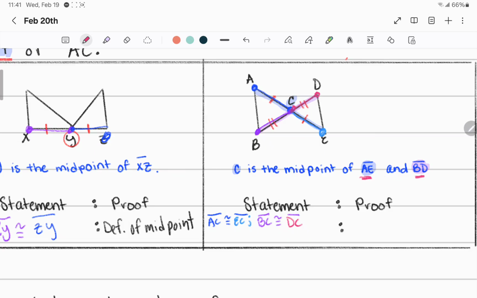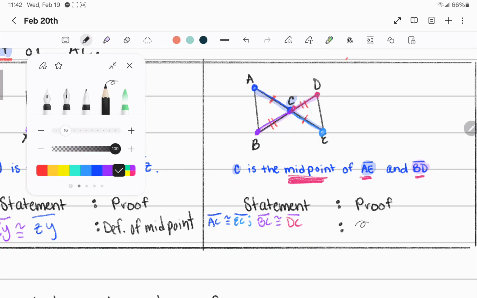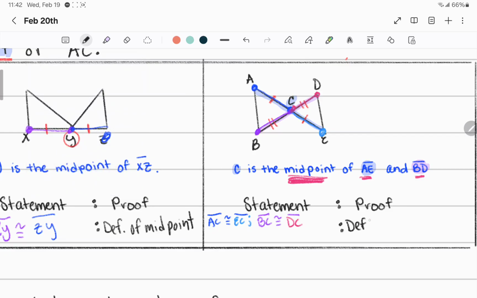So again, we did from A to E and then split it, B to D and split it. And then again, our given mentions the word midpoint, so we would do def of midpoint. Again, don't forget to mark it.